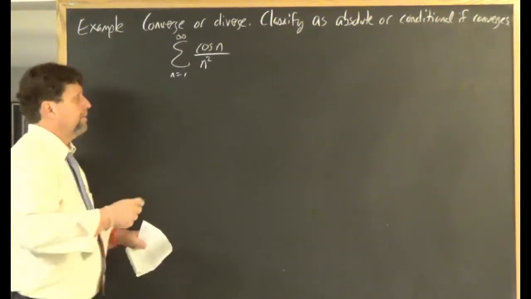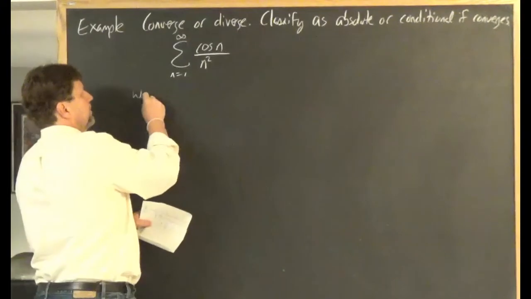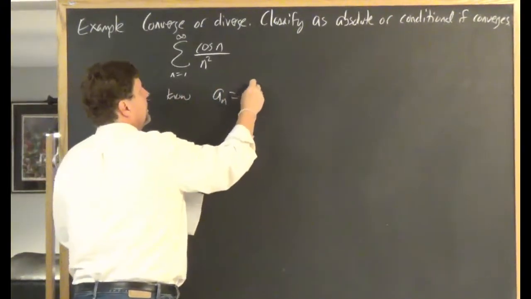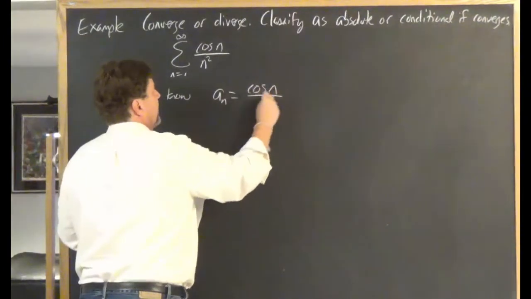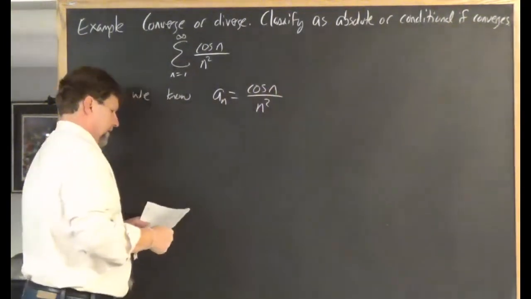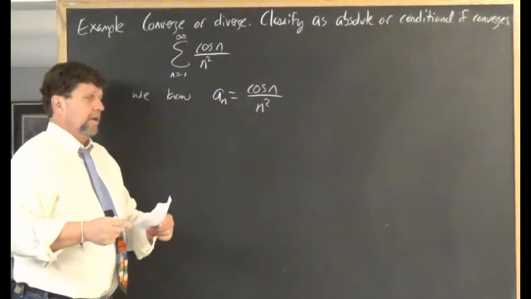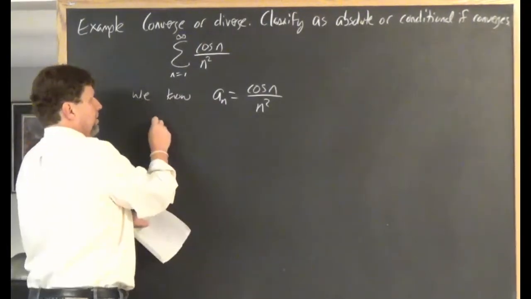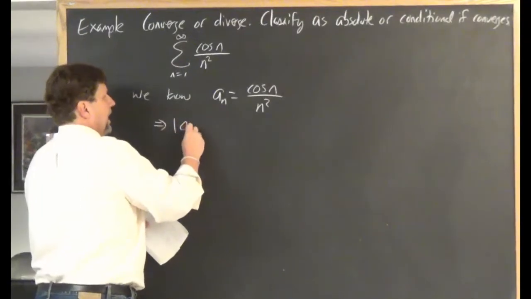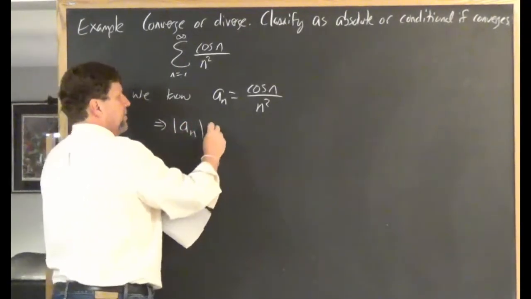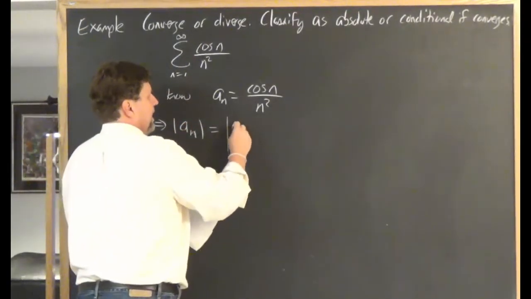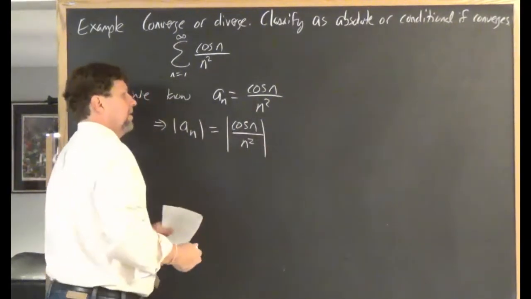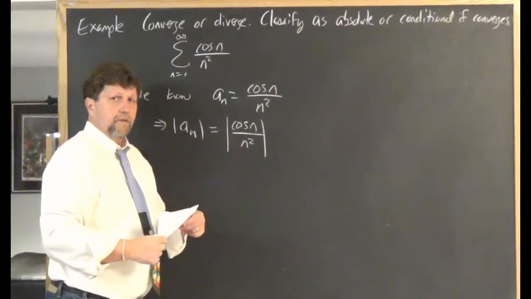But we know a lot of stuff about this as it is. First, we know A sub n is cosine n over n squared. So if we take the absolute value of each term, I'll write this all out, I take the absolute value of each term, cosine n over n squared.